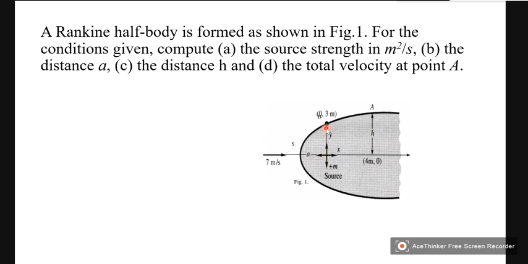That means this is the origin. The x coordinate of this point is 0 and the y coordinate is 3. That means the origin is at the source. So the source is located at this point.